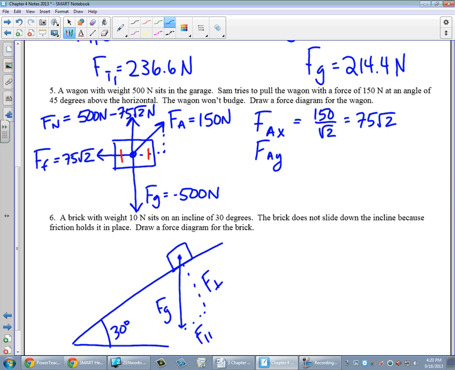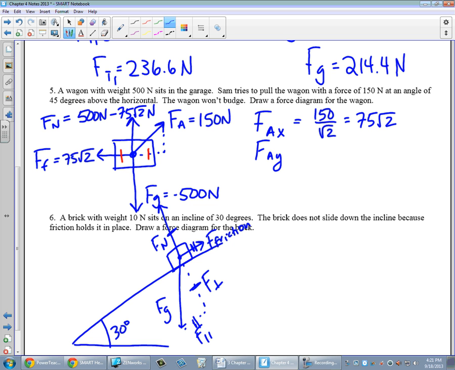Parallel and perpendicular components. Normal force. Normal force must be equal and opposite to the perpendicular force. And then we have one more force. We must have a force of friction, and that friction force must balance out the parallel force.